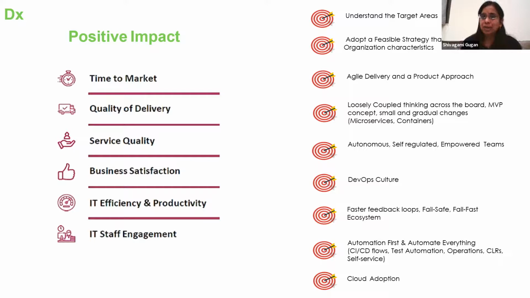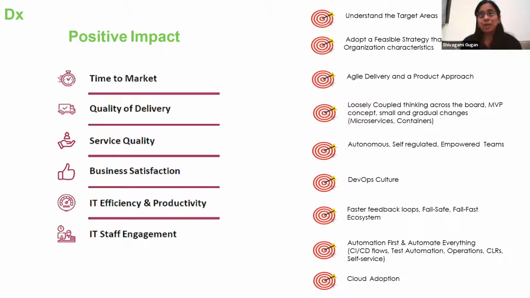And then loose coupling, autonomous, self-regulated, empowered teams, breaking the silos, and building faster feedback loops. That comes automatically if you adopt SAFe and agile methods. You would see that the ceremonies themselves, for example show and tell and the PI increment planning sessions, give you a fail-safe and fail-fast ecosystem, right?